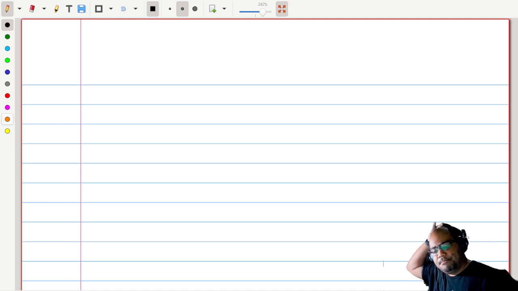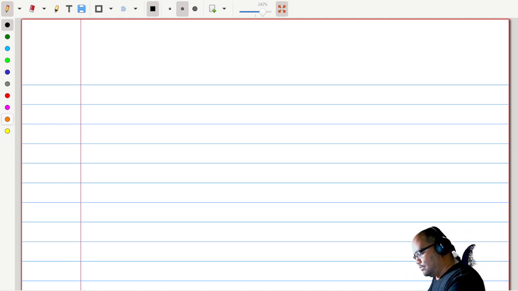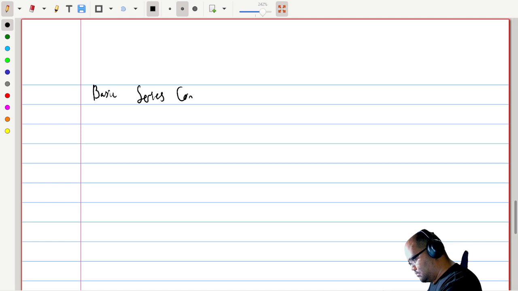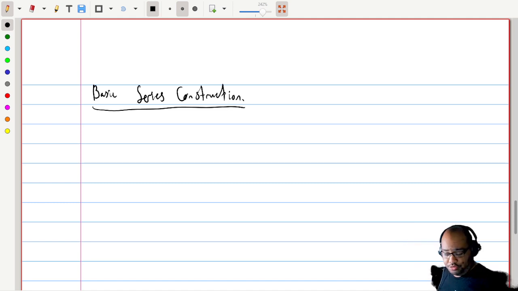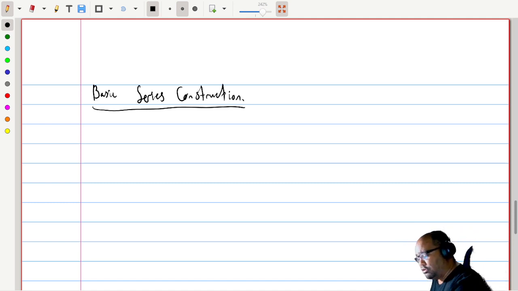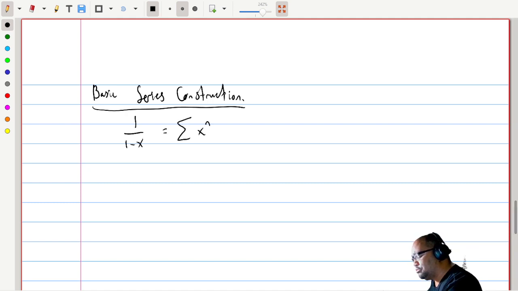All right, let's talk some basic power series constructions here. So the basic construction, okay, we're going to start with the geometric series, 1 over 1 minus x, which has this power series representation, summing from 0 to infinity.